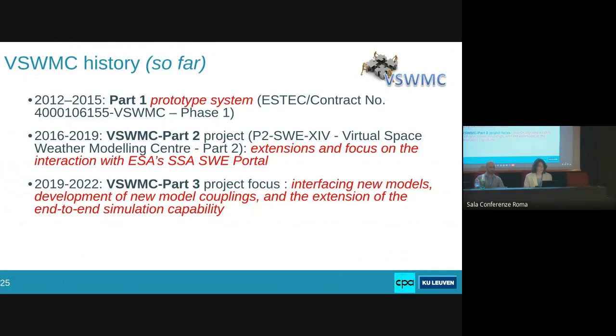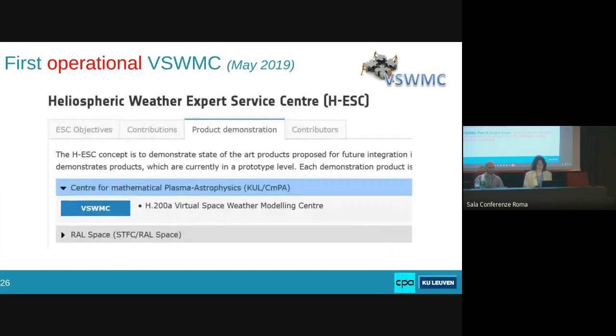And here is just a very brief history, because the implementation and development of this Space Weather Modeling Center has been ongoing since 2012, so it has gone through different phases. Currently it is operational, so everybody can use it, and it is focused on improving the models themselves, keeping the most updated versions, and having better couplings and better chains available.